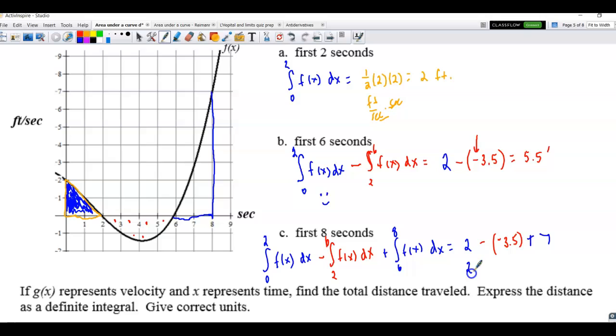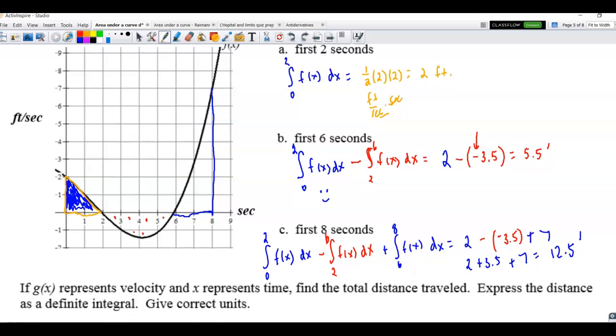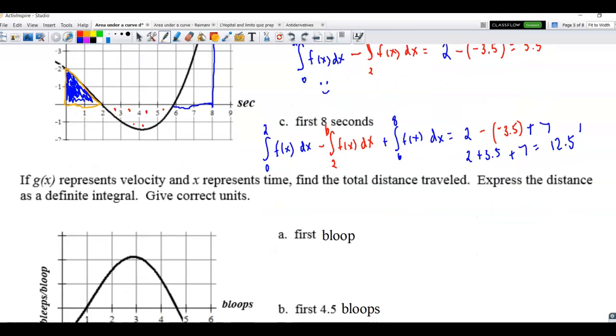So that's 2 plus 3.5 plus 7, which is 12.5 feet. All right, so hopefully this is making sense. Net accumulation of area, and the area that is below the x-axis is negative, so I have to switch the sign to force it to be positive, because in that region the object is traveling to the left.